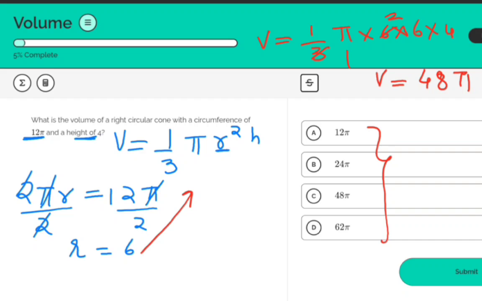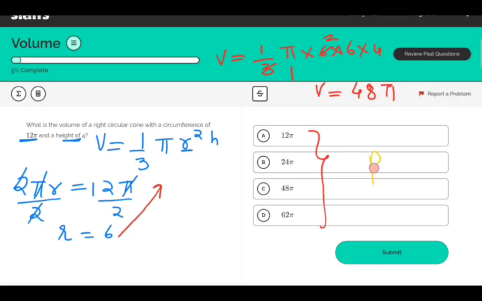So you saw that in this small time we could actually finish off so many topics. We did sums based on percentages, then sums based on volume, and we also did sums based on linear equations.